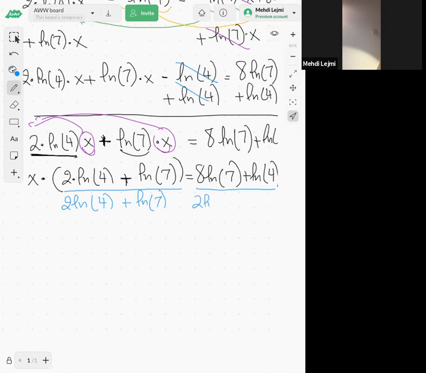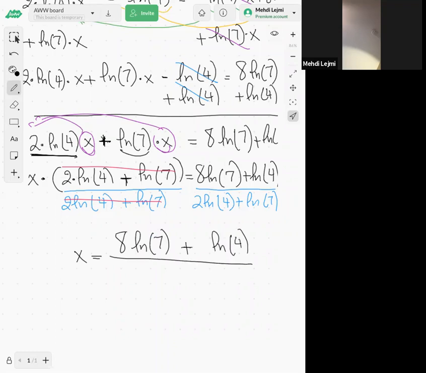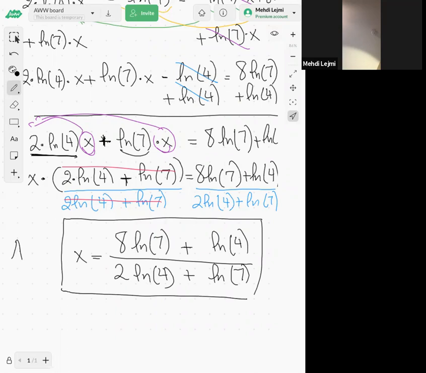So this thing here cancels out, and so your x would be equal to 8 times natural log of 7 plus natural log of 4 over 2 times natural log of 4 plus natural log of 7. And of course, that will be a fine answer. There are no conditions to check, so that's our solution, right?